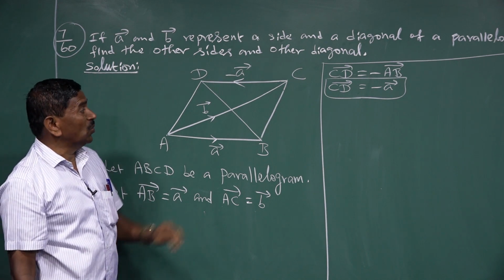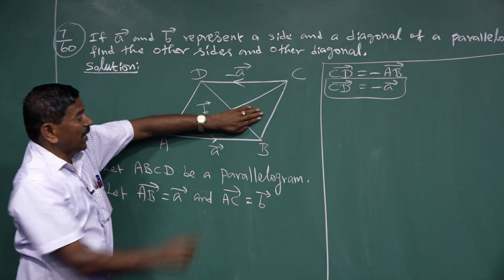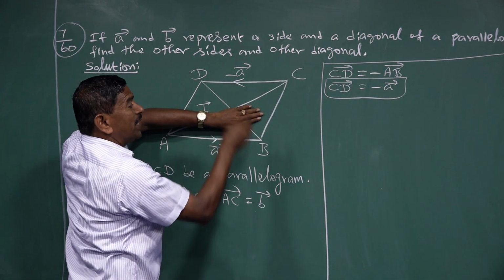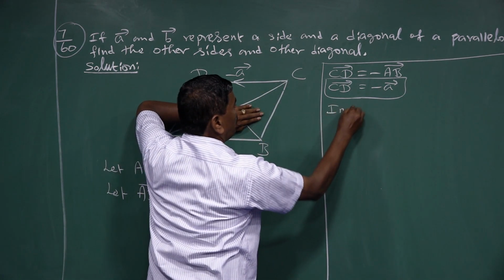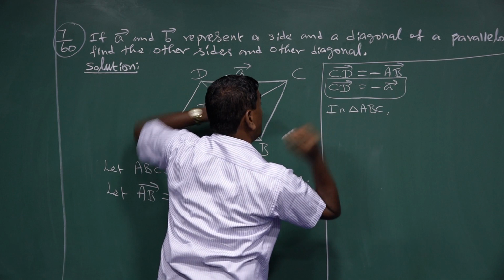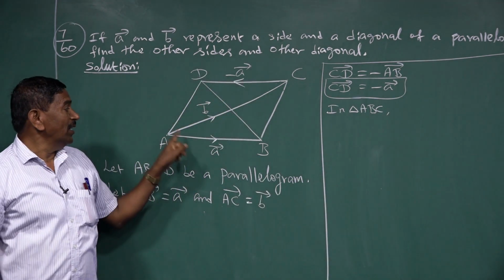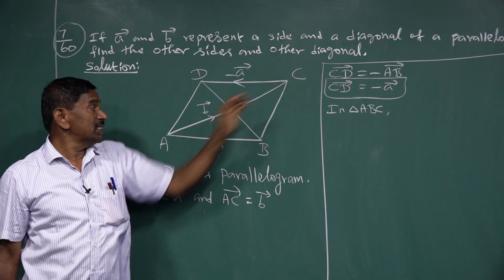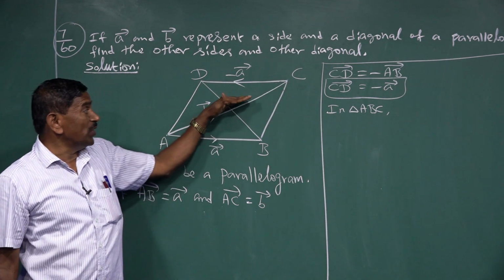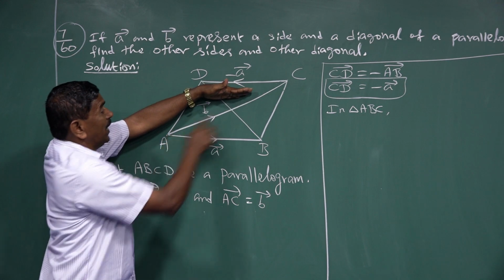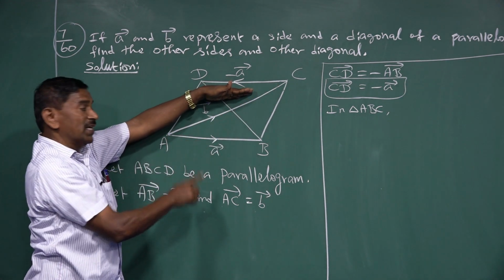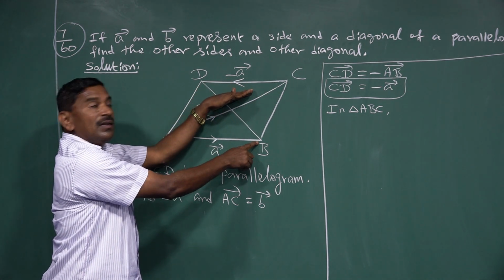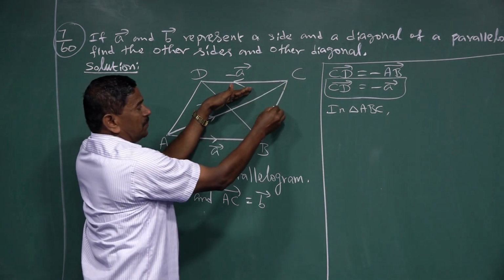Next, consider triangle ABC. In triangle ABC, any idea? Vector AC is equal to the straight route A to C, which is vector AB plus vector BC.